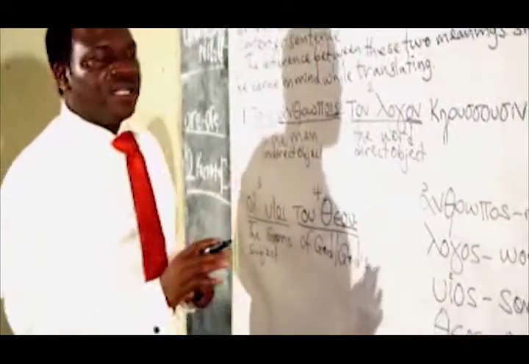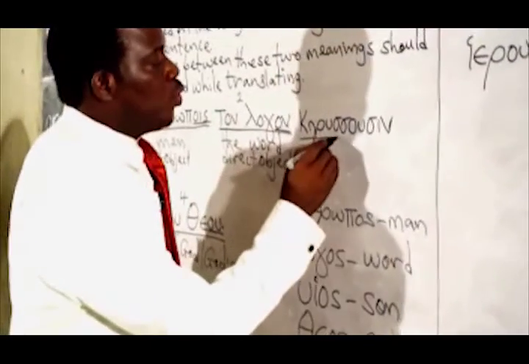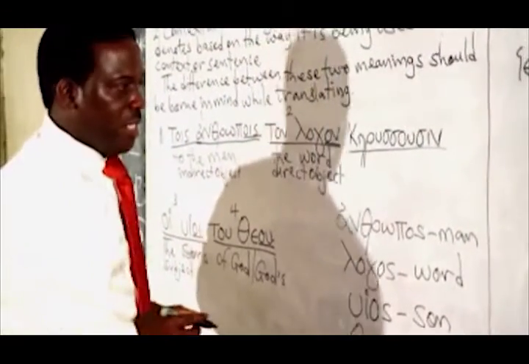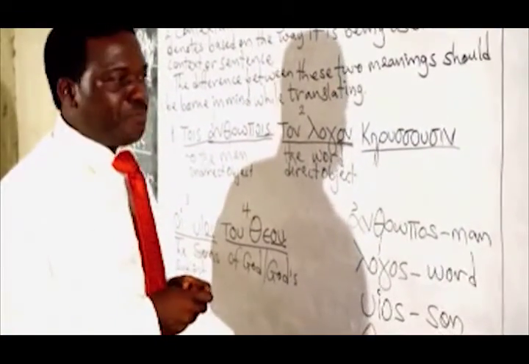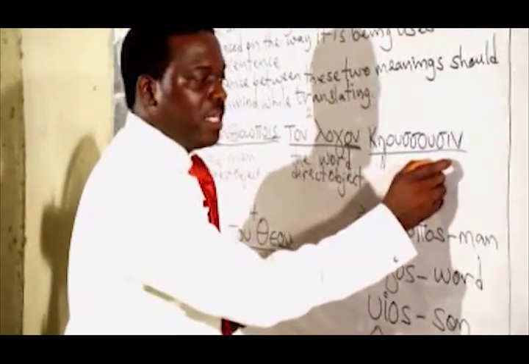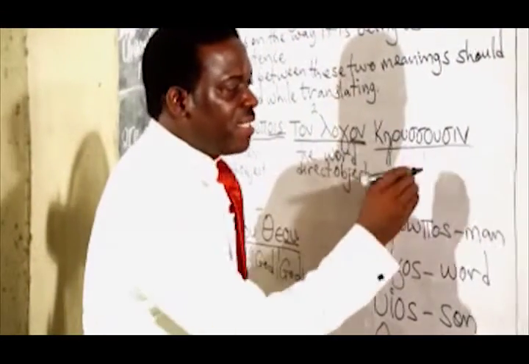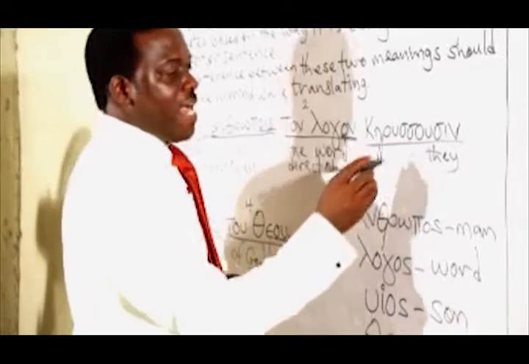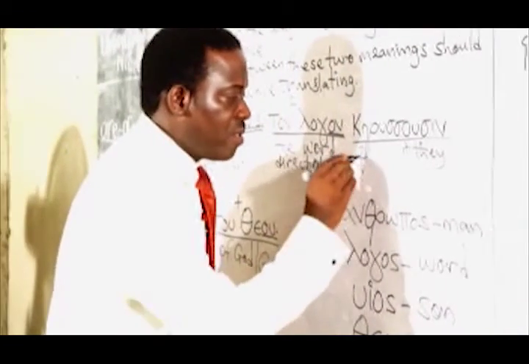Then to raise the verb. This word kerusousin is the verb. There are two things in a present active verb that are important: the ending and the tense stem. This ending means they. The stem means preach.